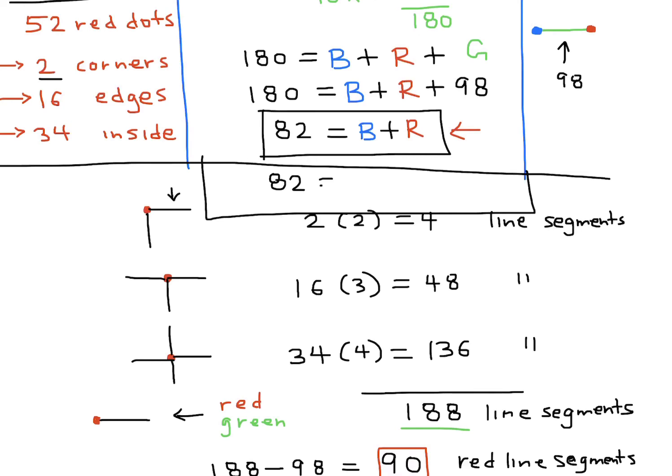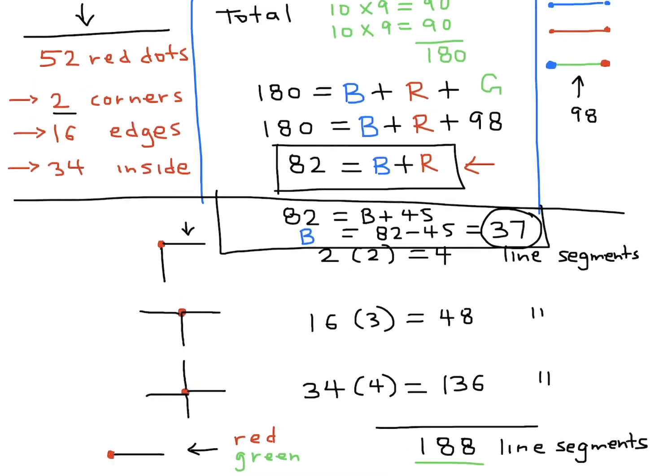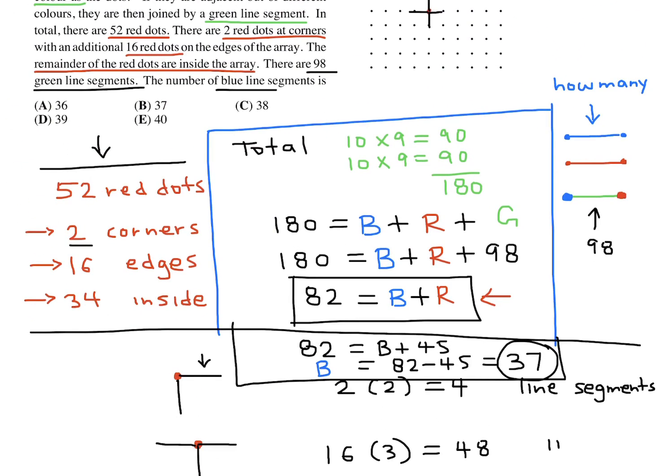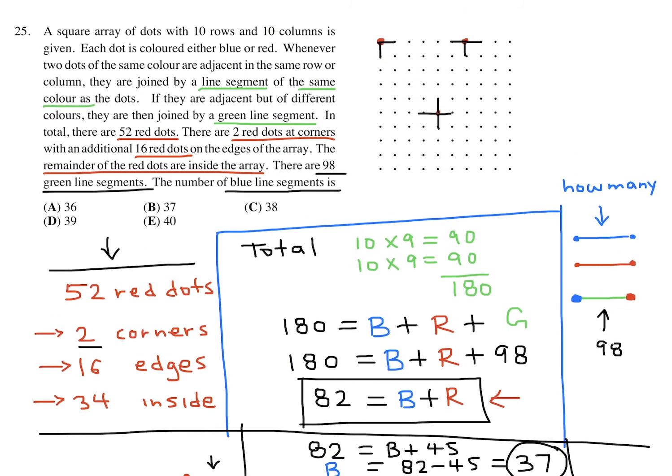So 82 is equal to B plus, we calculated 45, and therefore blue line segments is 82 minus 45, which is equal to 37. So blue line segments is 37. The number of blue line segments is B for question number 25.